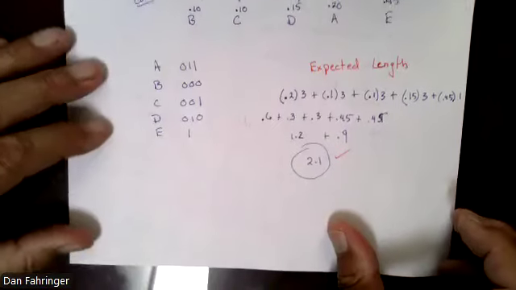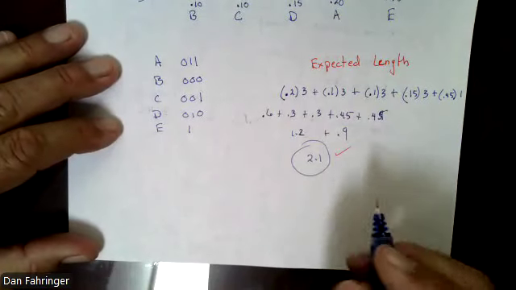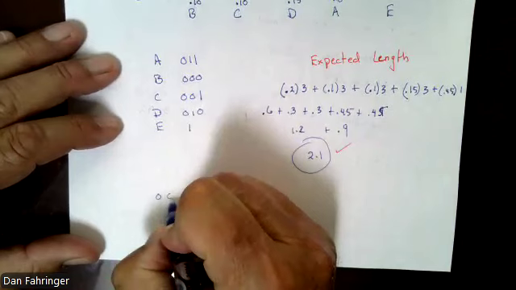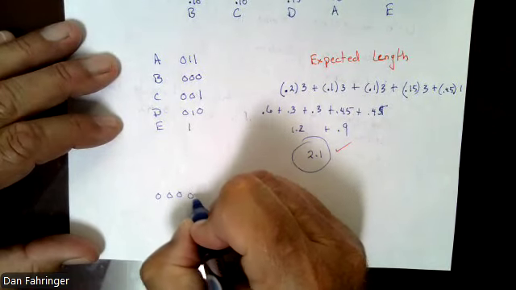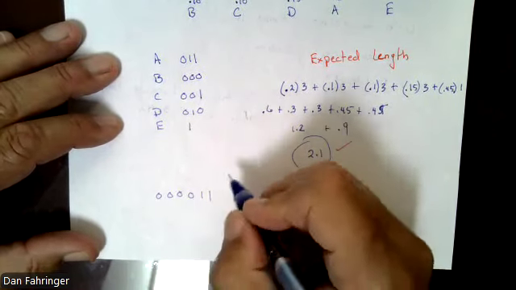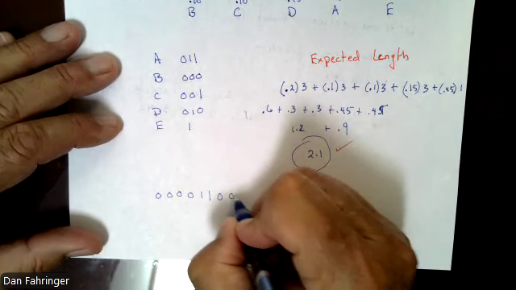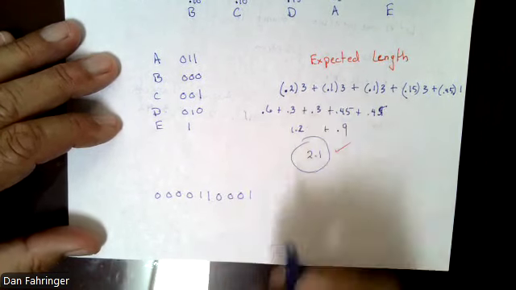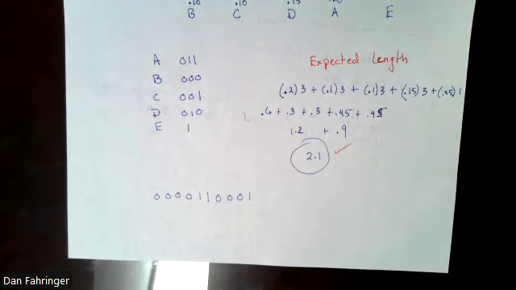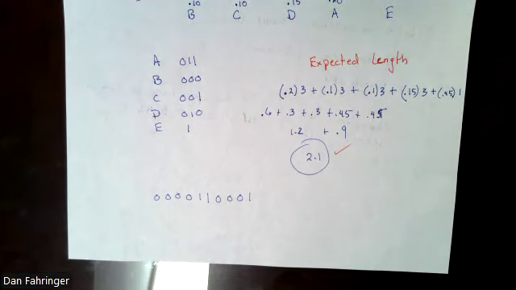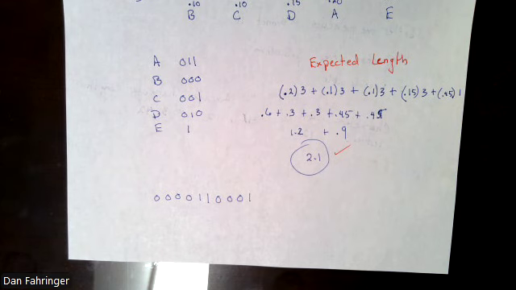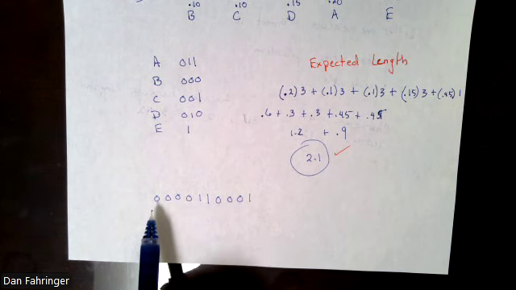So if I gave you a message and I did something like 0, 0, 0, 0, 1, 1, 0, 0, 0, 1, could you decode that and notice that I didn't put any spaces in there? Which one of them is just 0?